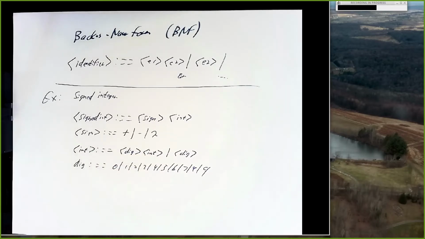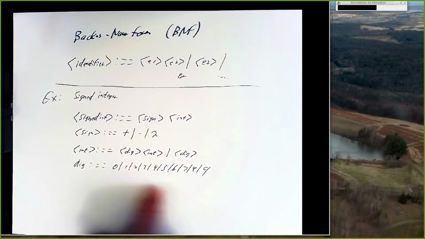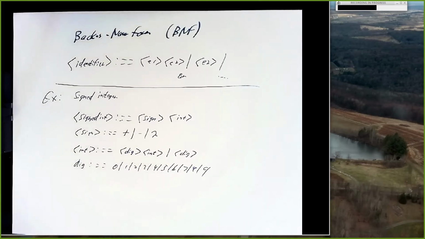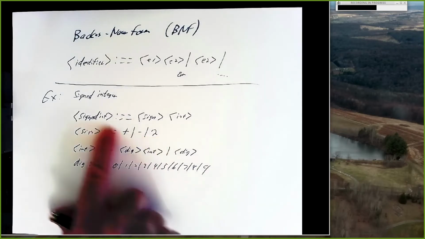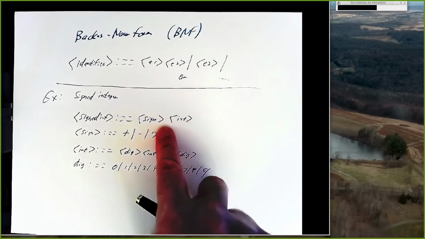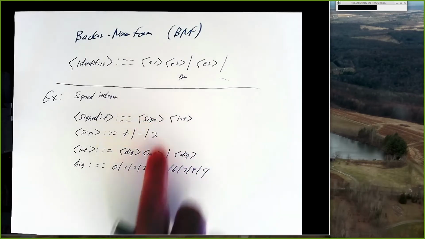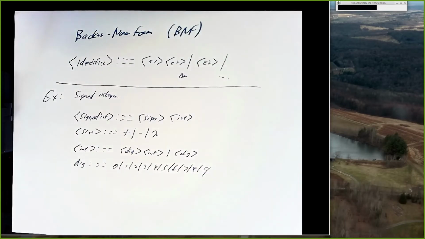And 1, 2, 3 is also a digit 1 followed by an int 2, 3. So int captures basically any collection of one or more digits. And then a sign is either a plus sign, a minus sign, or nothing. And so a signed int is a collection of one or more digits preceded by either nothing or a plus or a minus sign. And so there's the BNF for a signed integer.